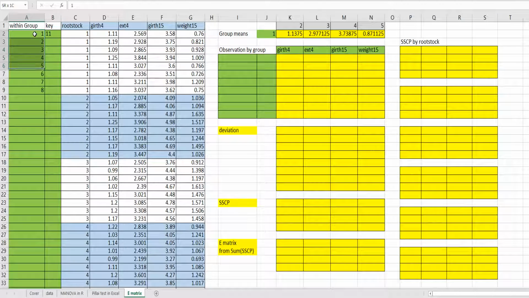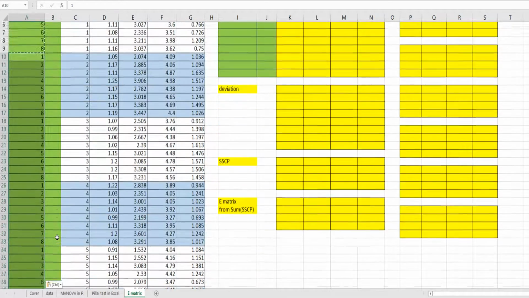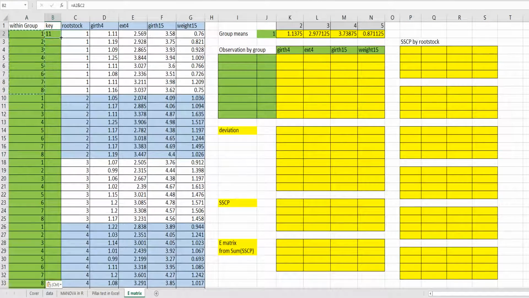So we can apply this pattern for other cells. Then the key value, right, this one. Okay, so we can use this one as group number. So observation number and group number.